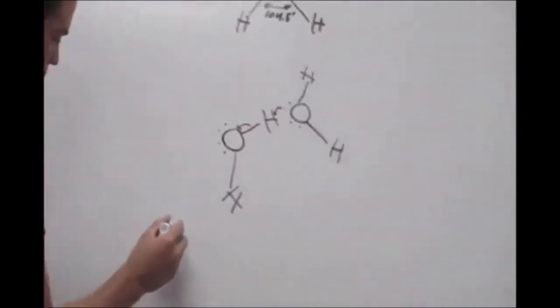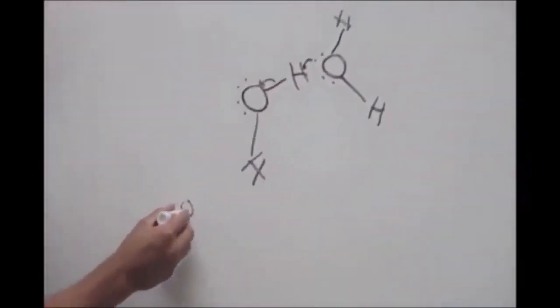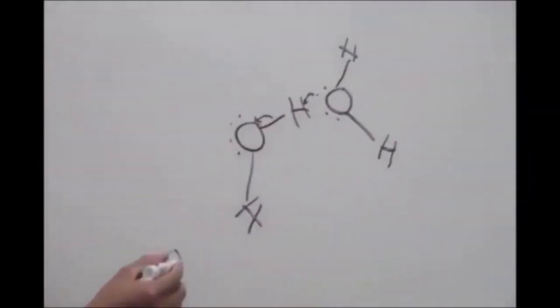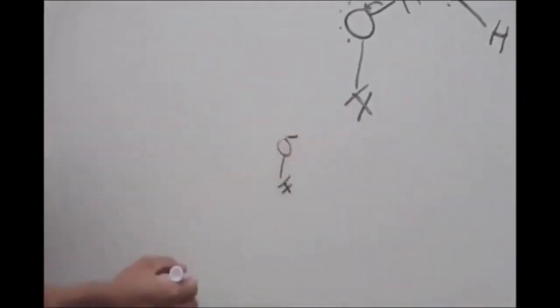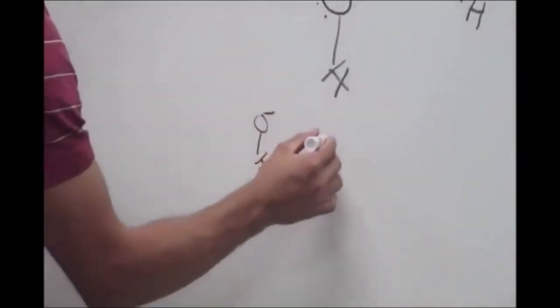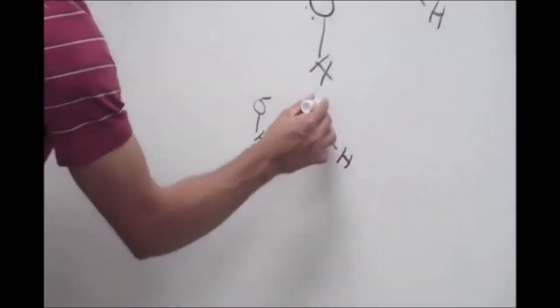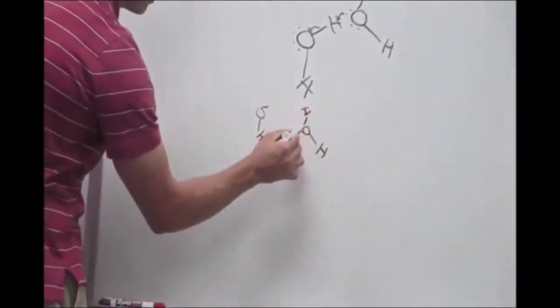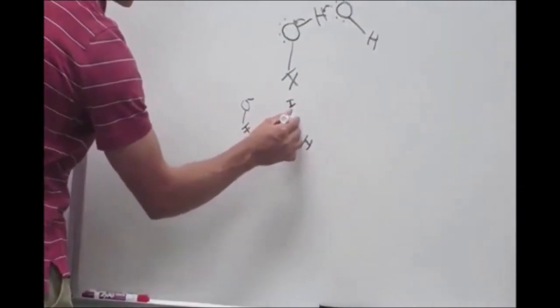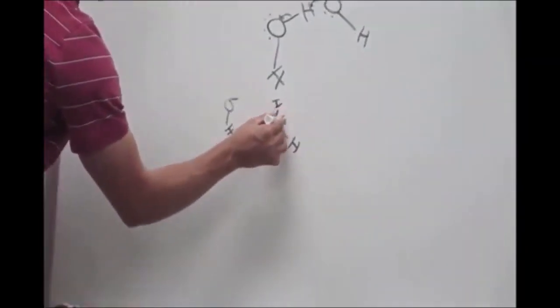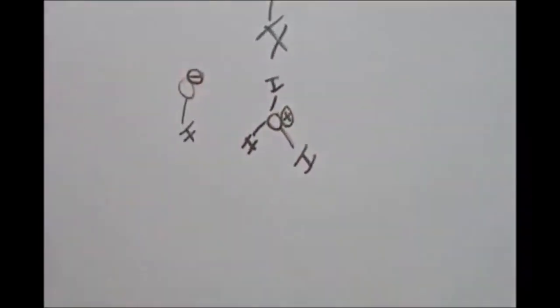Let's draw that now. We would have this molecule here, which would be negatively charged, and this molecule here, which would be positive.